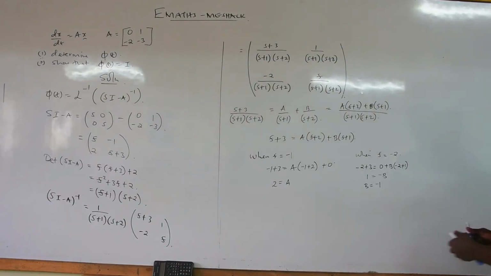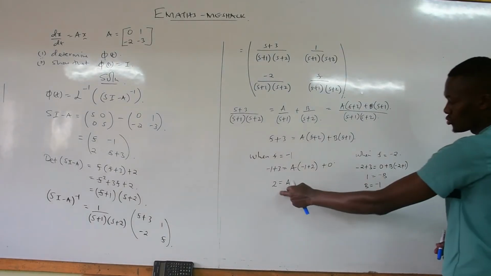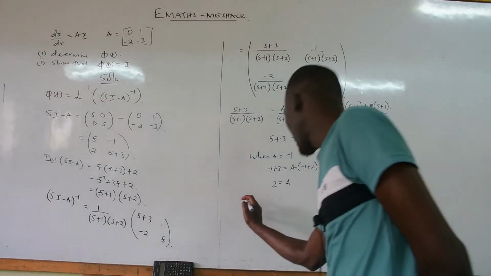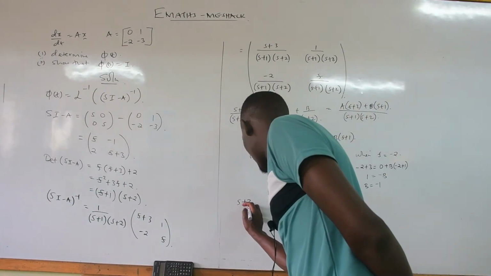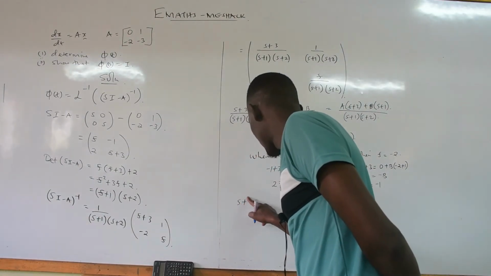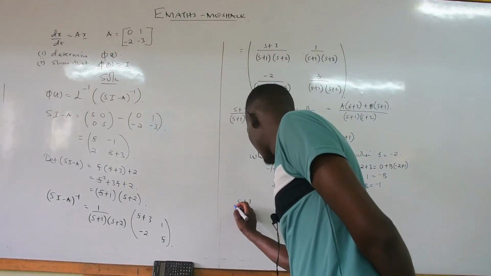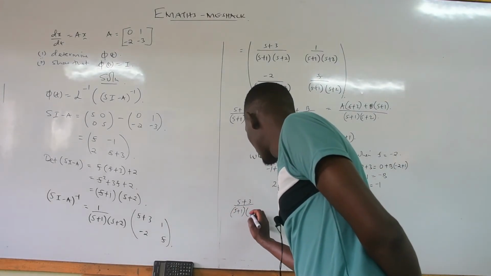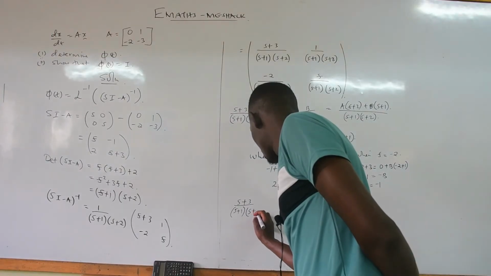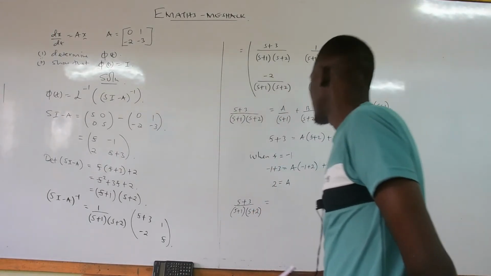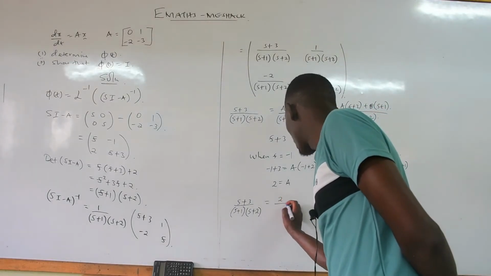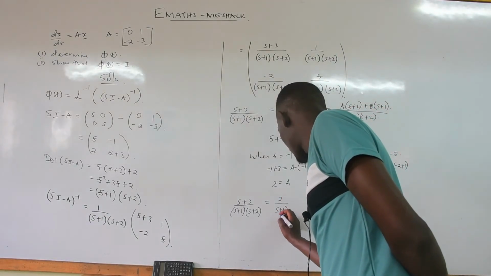So now you have your value of a being equal to 2 and your value of b being equal to negative 1. Therefore we are saying this fraction here, 3 over s plus 1, s plus 2, can be represented now as a is 2, so 2 over s plus 1.